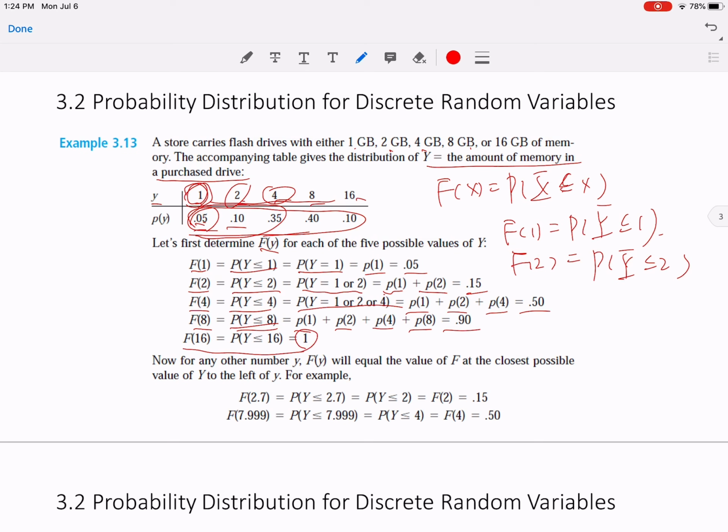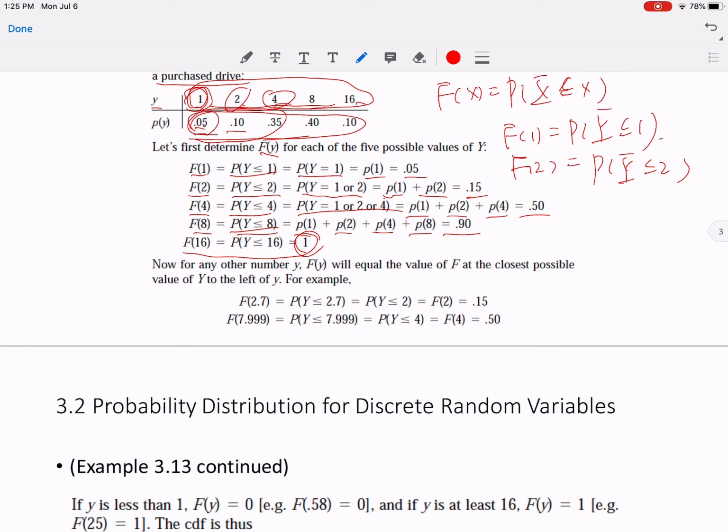And you can think of it in another way, which is that all the numbers in the probability distribution are less than or equal to 16. There's no number greater than 16, right? So basically, if I randomly pick a number from the probability distribution, it must be less than or equal to 16. So the probability that y is less than or equal to 16 is equal to 1.